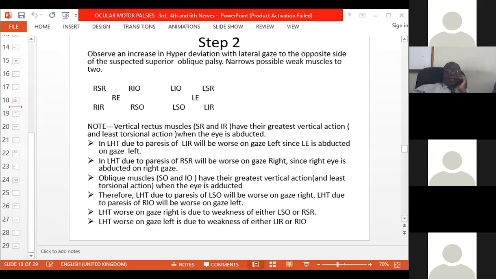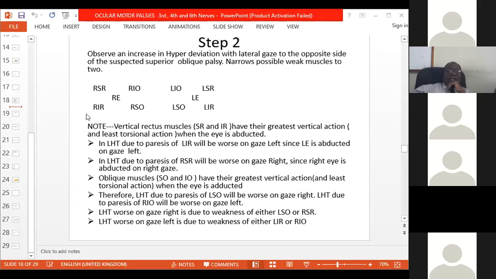You can see, mommy, this slide here, step 2. This is the right eye, and this is the left eye.